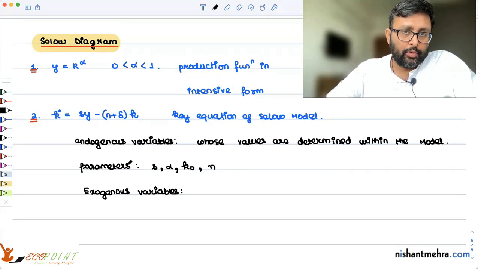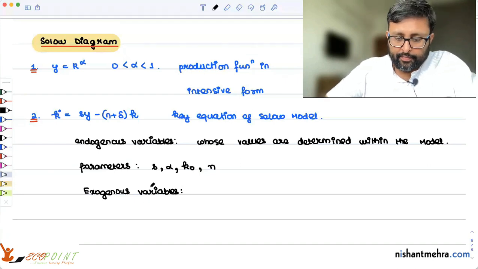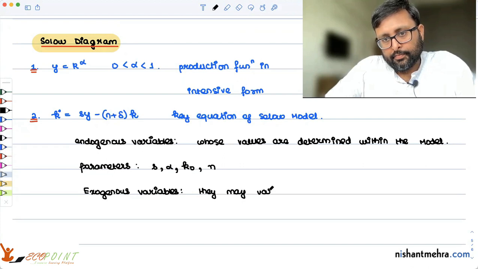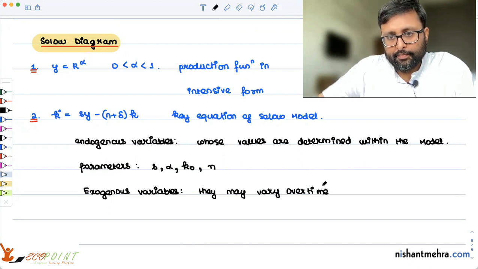But in the case of parameters, they are given. Exogenous variables can also increase over time, so they may vary over time.